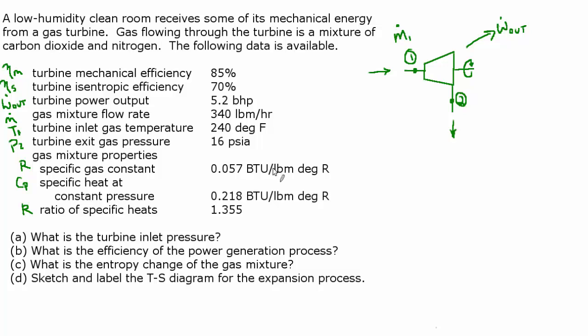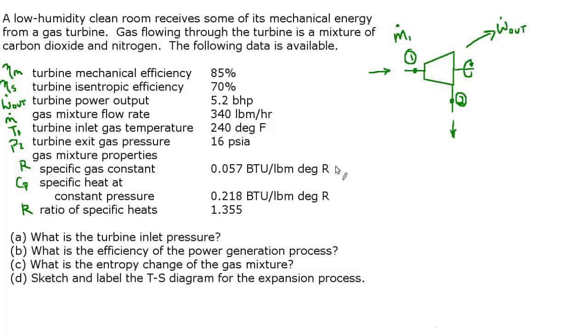Just a word on R, they've given it to us in BTU per pound degree Rankine, and that's fine. But I'm skipping ahead a little bit: take a look at page 2316, table 23.7 that we're going to use. All of the R values there are given in foot-pounds per pound mass degree Rankine.